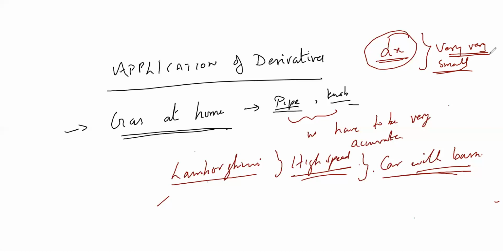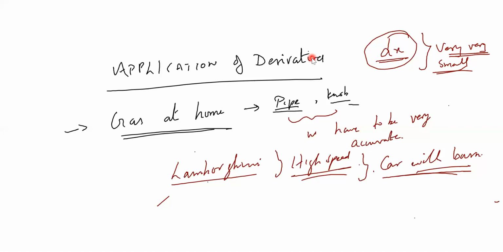So which means the slightest of error can damage either this Lamborghini or even the gas at home. You got the point. So it has to be very accurate or else there should not be any error. Is it clear to everyone? If you say clear, I'll go to the next thing. Perfect. Then fine.